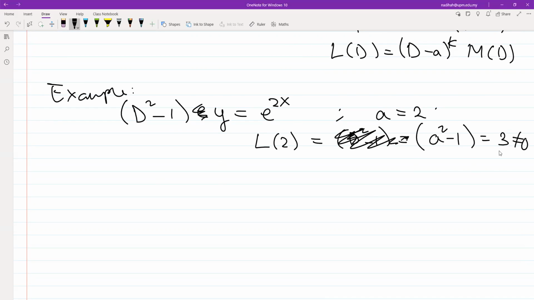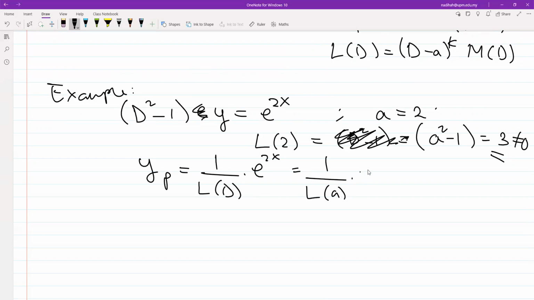So therefore, if it's not 0, you can use just y particular solution is just 1 over linear operator of e^(2x). So this is equal to 1 over linear operator of a times e^(2x). So this is 1 over 3 e^(2x).